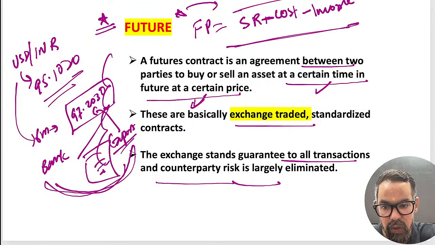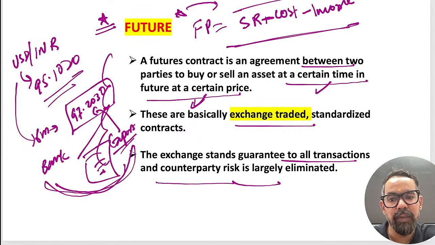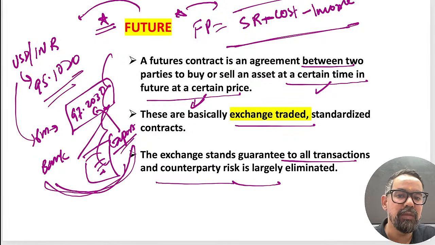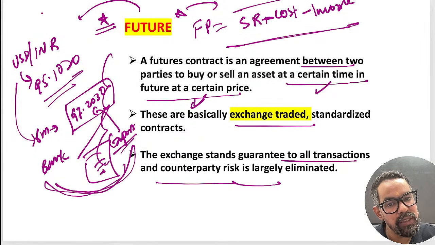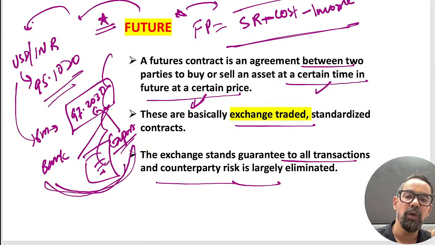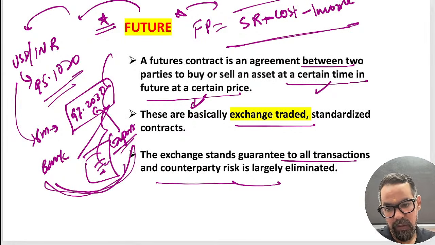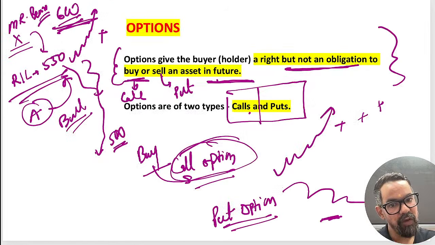The definition of forward is similar, exactly the same type of definition, but the only difference is that in the futures case the negotiation happens over a recognized stock exchange, and in the forward case it happens over the counter, meaning parties meet face to face and negotiate the pricing and other terms. Now apart from futures and forwards, we have options.